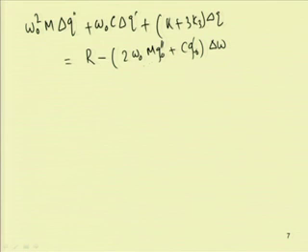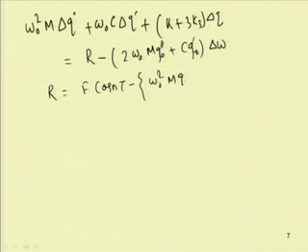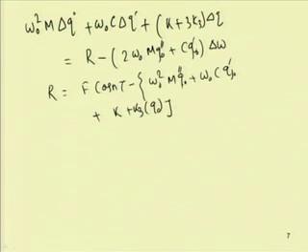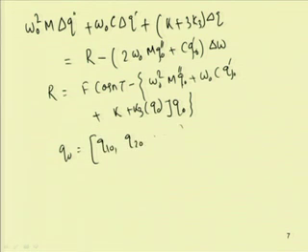Here r can be written as the residue, that is f cos n tau minus omega 0 squared m q j 0 double dash plus omega 0 c q j 0 dash plus k plus k 3 q 0 into q 0. For a multi-degree of freedom system, one can write q 0 as nothing but q 1 0, q 2 0, up to q m 0.